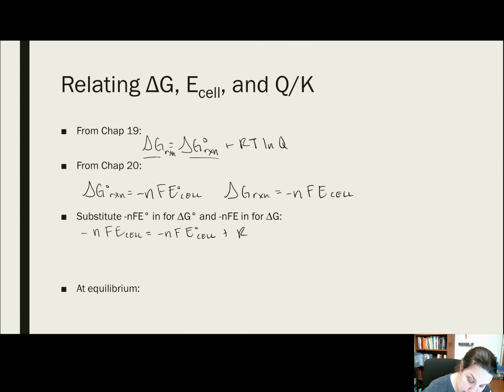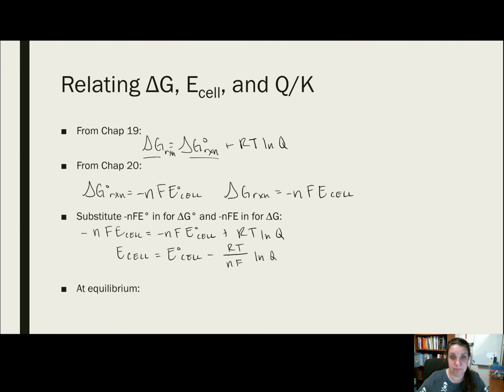plus RT ln Q, and dividing by negative NF we get E cell is equal to E naught cell minus RT divided by NF ln Q. And then we're going to convert to log and take our temperature at 25 degrees Celsius.